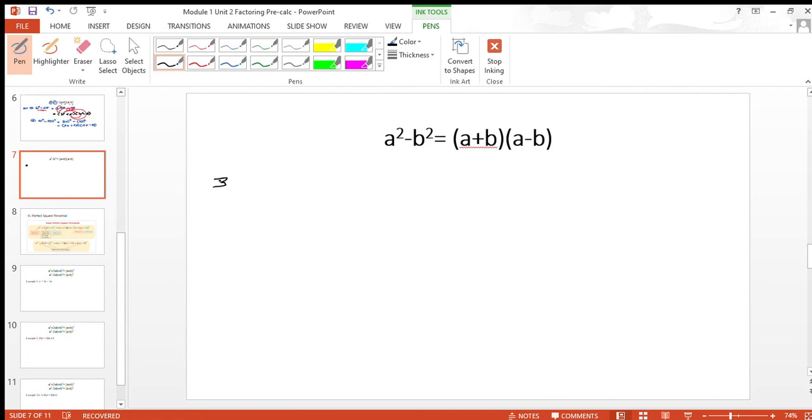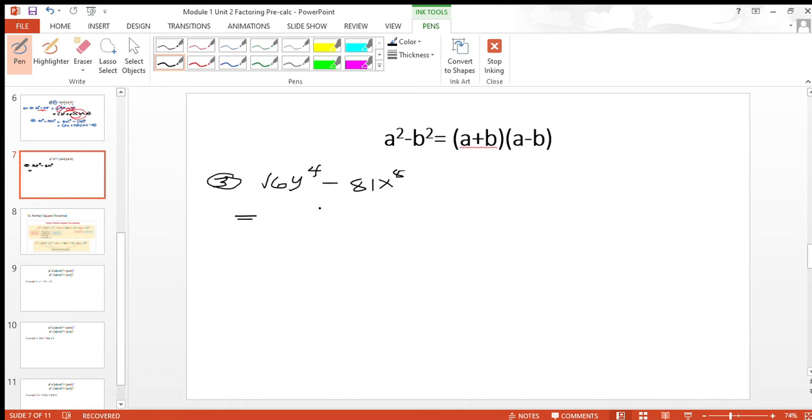And a third example for the difference of two squares. And let's say we have 16y to the fourth minus, let's say, 81x to the, let's say, x to the 8th.